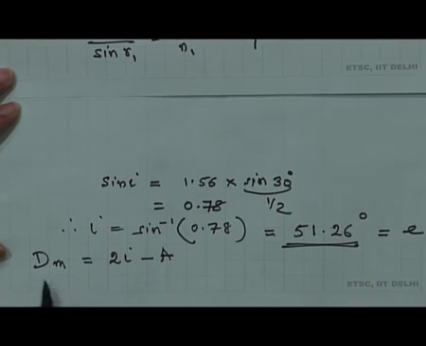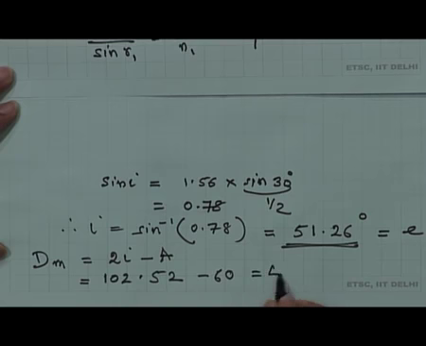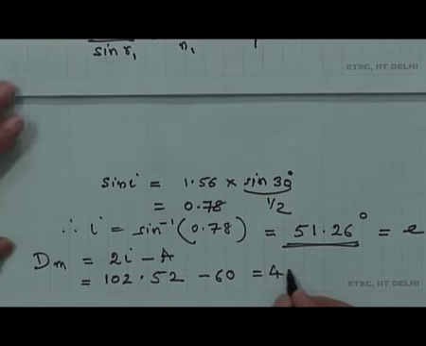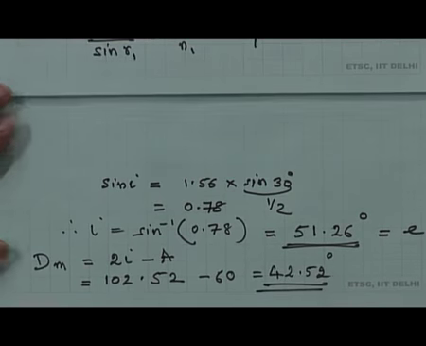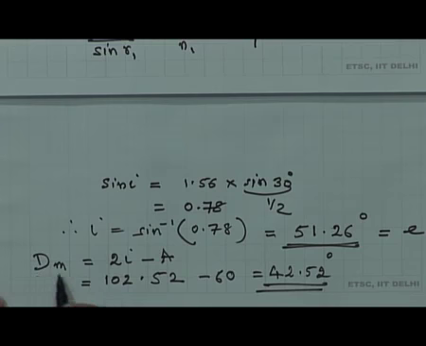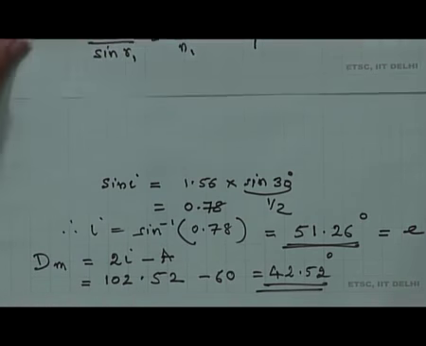In the first part of the question dm is not asked, but we can just calculate for interest that this is equal to 102.52 minus A, that is 60. So, this is equal to 42.52 degrees. This will be the angle of minimum deviation in the first case, but that is not asked in the question.